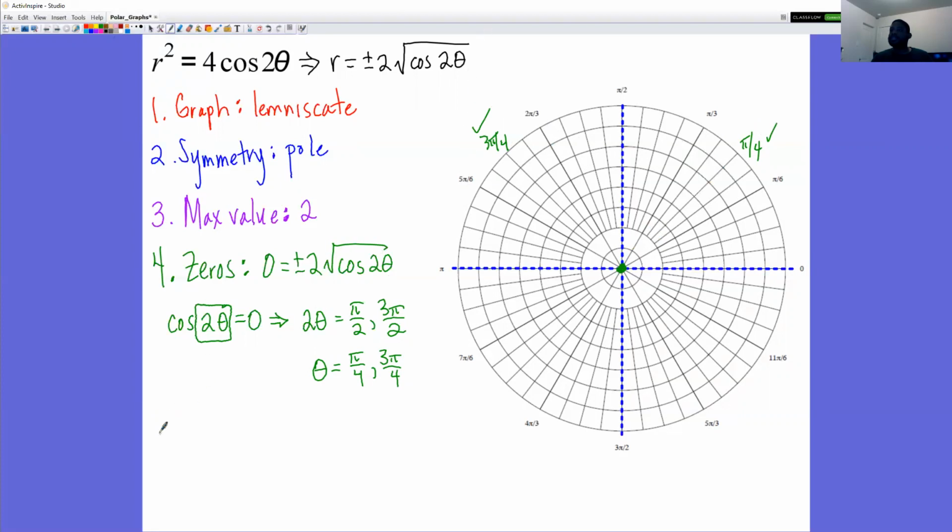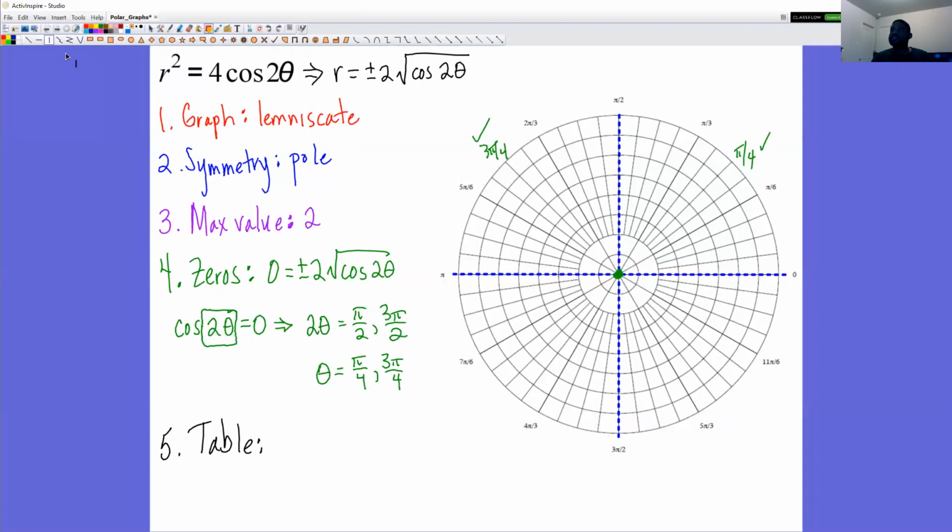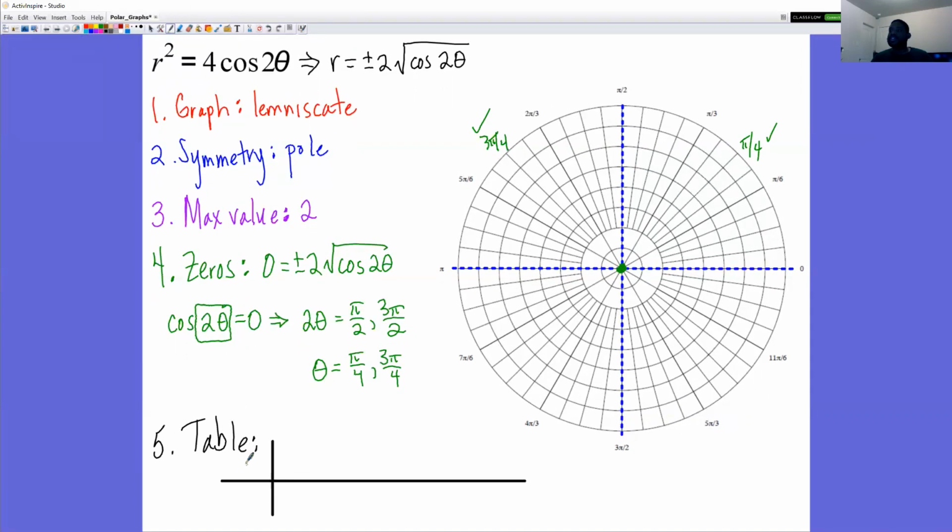So now we're ready to draw our table. Let's draw our table. Theta and r. Let me write this a little bit higher so you can see it.